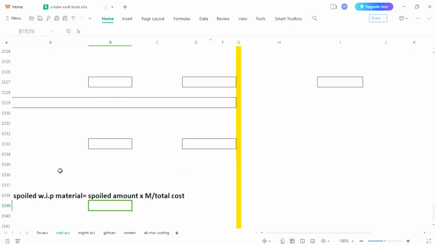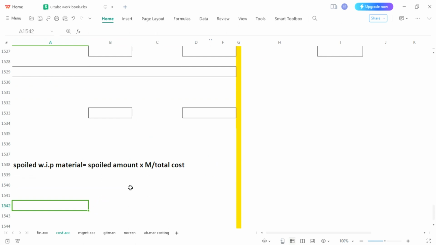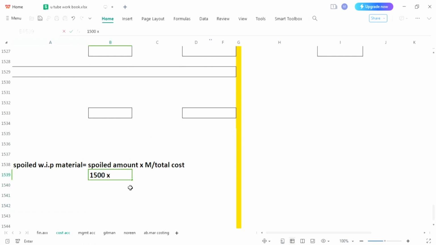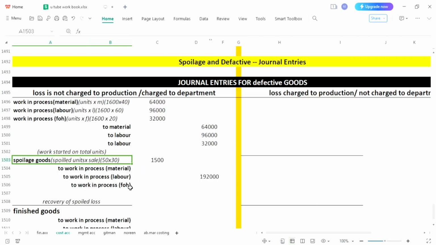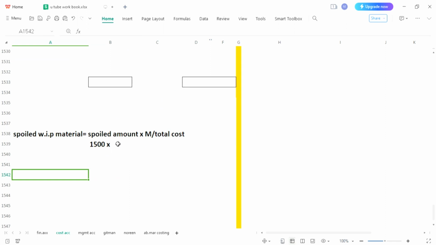Spoiled amount was calculated as 1500. This is your spoiled amount, 1500, and you will multiply it with capital M, and the capital M was here. In fact, what you are doing, 1500 multiplied by 64 and divided by grand total 192, and this is what we are doing over here. The formula is written just to memorize it.